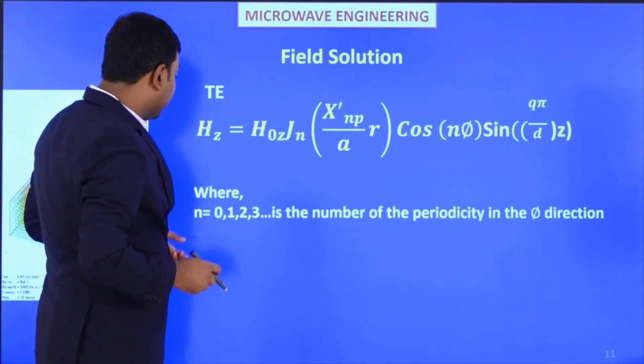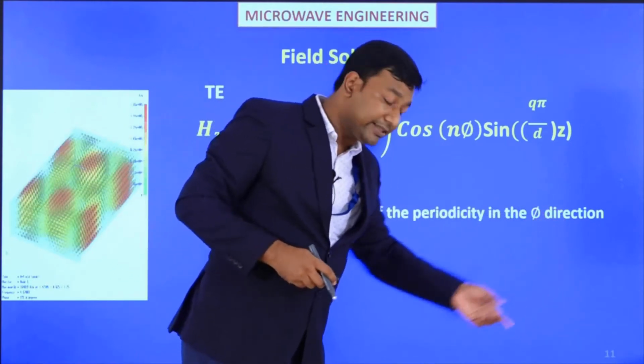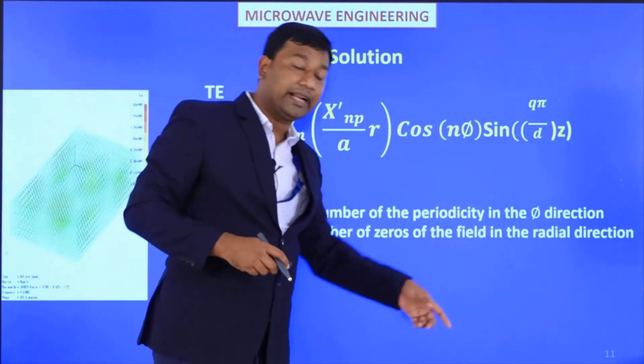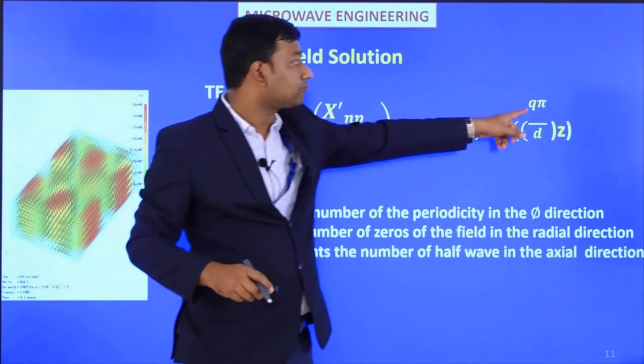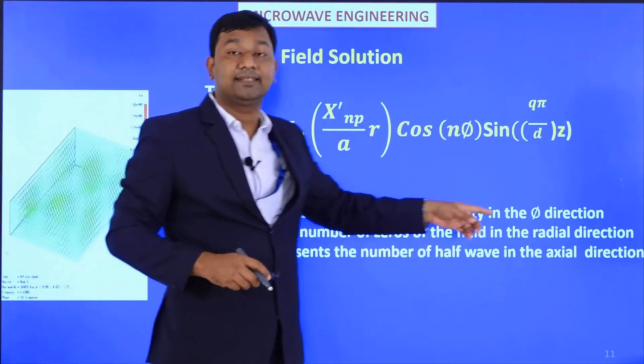Here n = 0, 1, 2 is the number of periodicities in the phi direction. Next, p is the zeros of the field in the radial direction, and q represents the number of half waves in the axial direction.